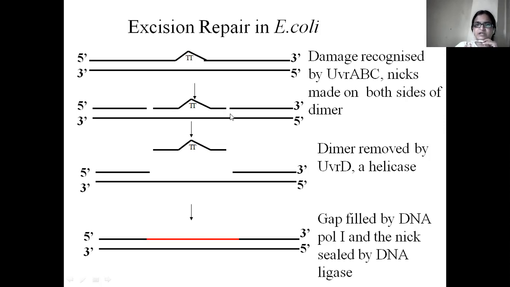So on both sides, the nick or cut or excision will be done, and then this helicase, that is UvrD, will remove this problematic part of DNA which has the TT dimer, and then the gap will be filled by DNA polymerase 1 and sealed by DNA ligase.